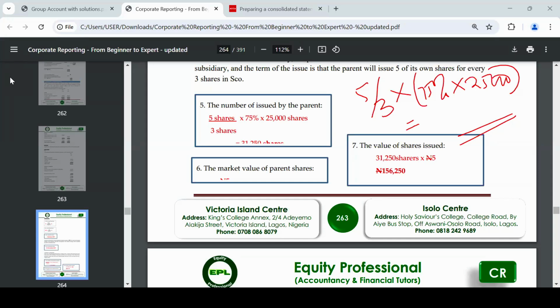Now, this is what their holding is, but this is what they are exchanging for at 5/3. This calculation would give you 31,250 shares.